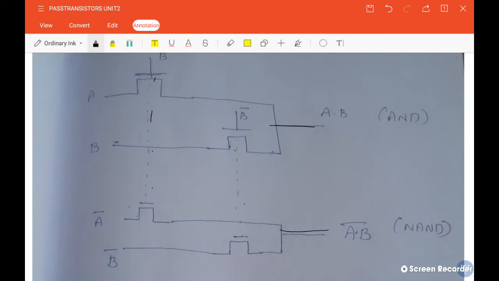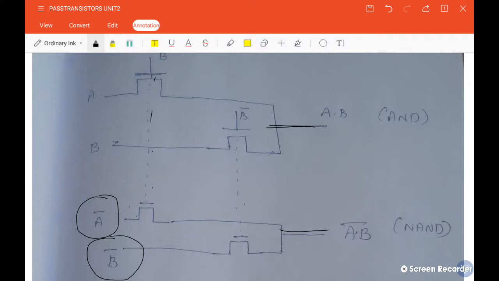So you take the output from here. The first output is A dot B, the AND operation, and from the lower part, the output that we get is A dot B the whole bar, because for the lower NMOS we are going to provide the inputs as A bar and B bar.